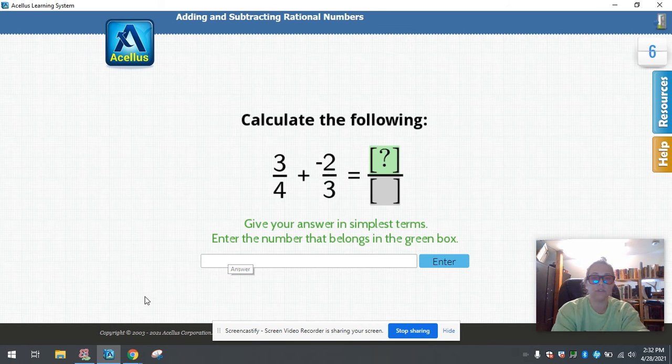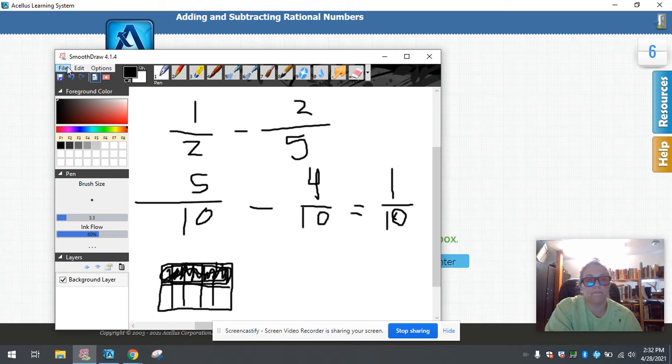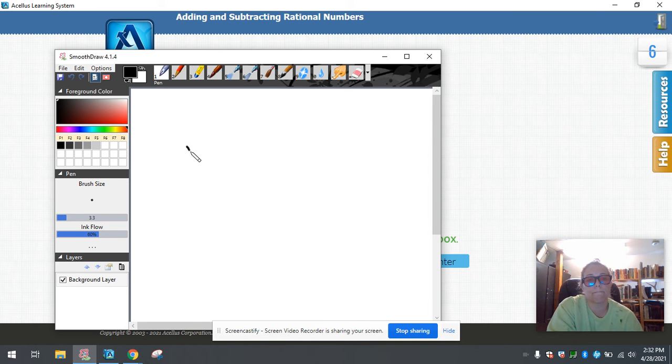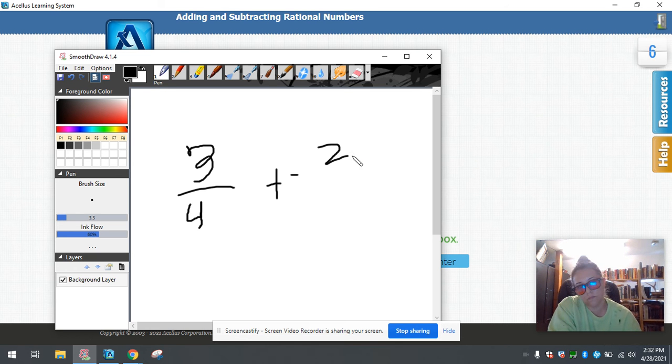We've got 3/4 plus a negative 2/3. Adding a negative is the same as subtracting a positive.